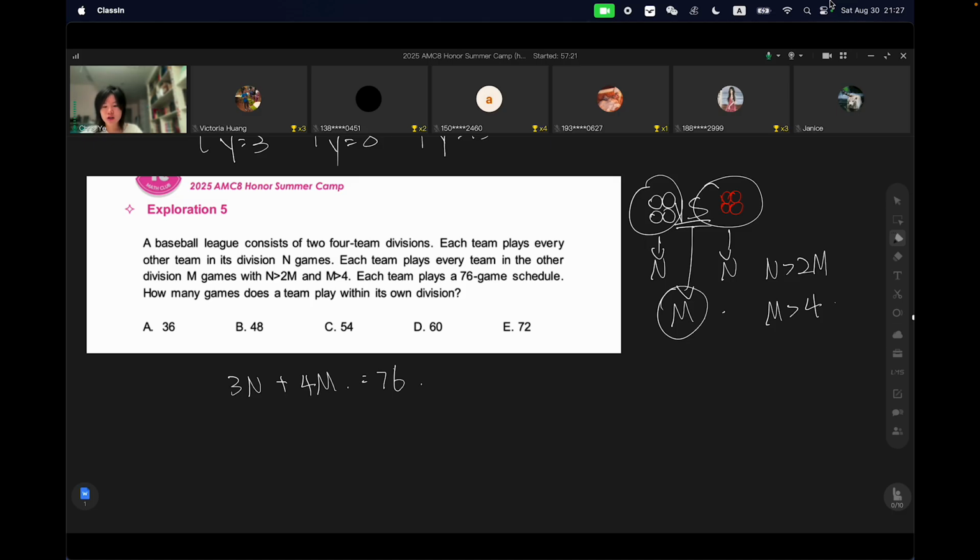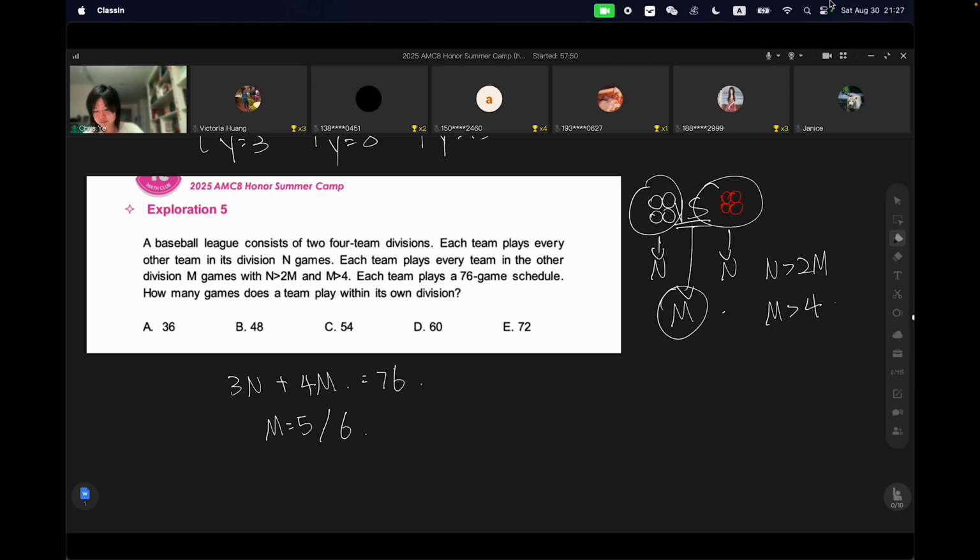Now that we have the equation, it becomes a lot easier for us. Since m is larger than 4, we can first try m equals 5. But this does not work, because as you can see, 56 is not divisible by 3. We can try m equals 6, but that also doesn't work. So we need to use perhaps a smarter method.